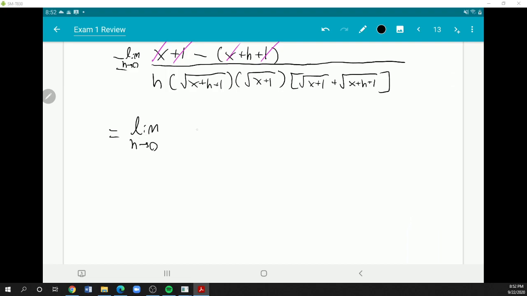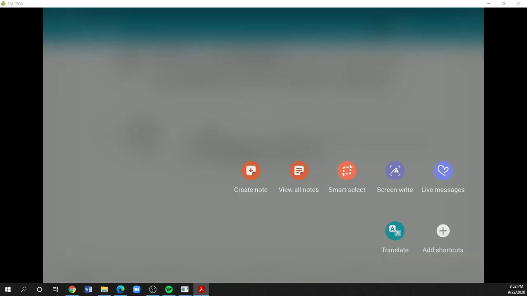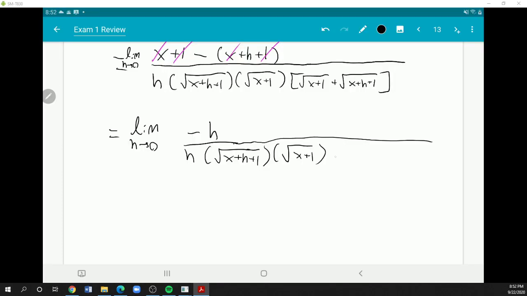Equals limit as h goes to 0, minus h over h. Keep going. Root x plus 1. Now I'm just copying down what I have over there. Root x plus 1 plus root x plus h plus 1.